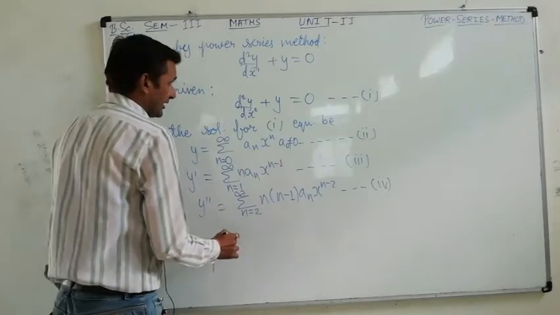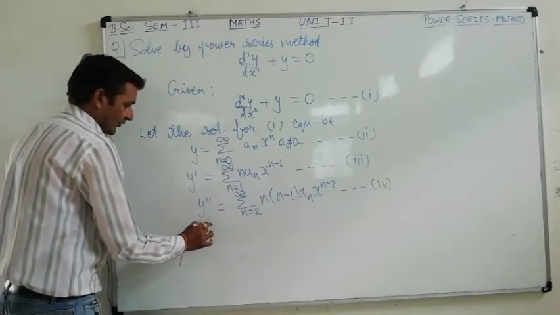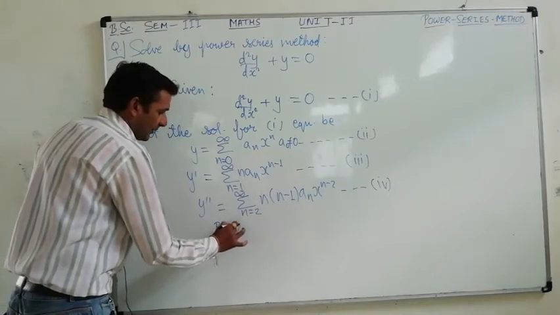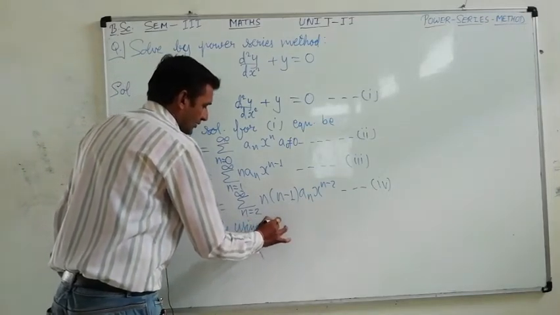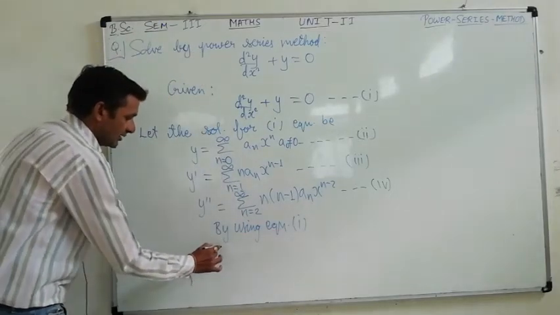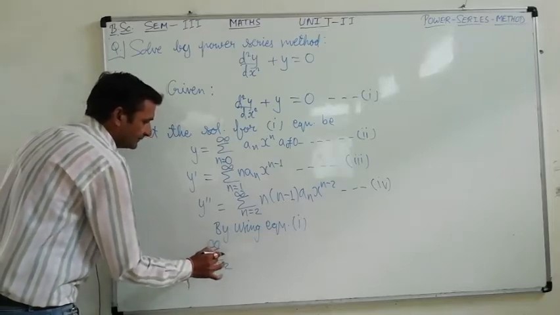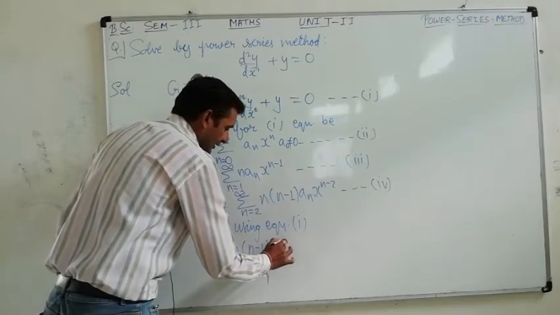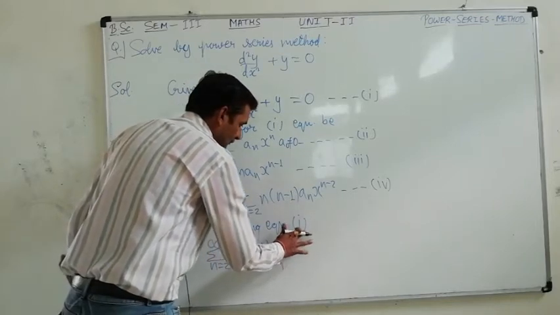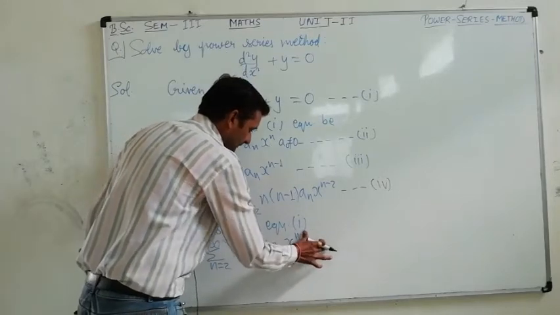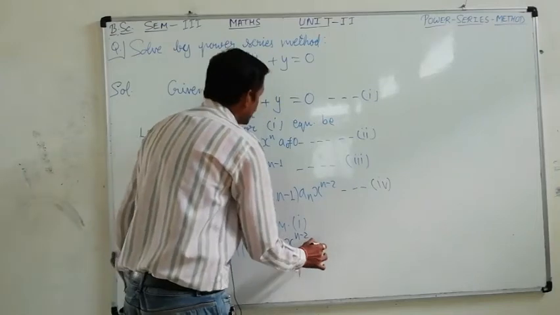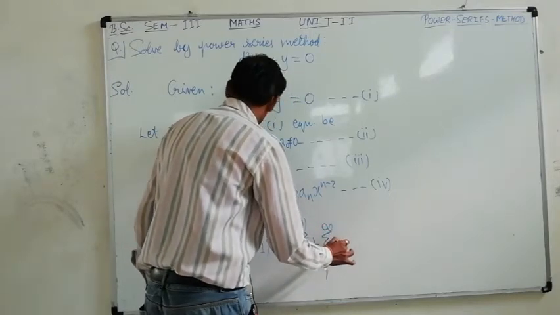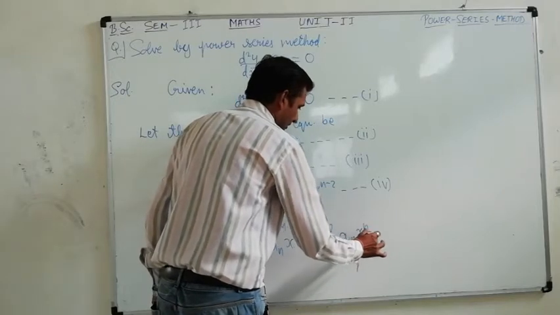So, by using equation 1, we may write it in this manner: sigma n is equal to 2 to infinity n into n minus 1 a n x raised to the power n minus 2 plus sigma n is equal to 0 to infinity a n x raised to the power n is equal to 0.